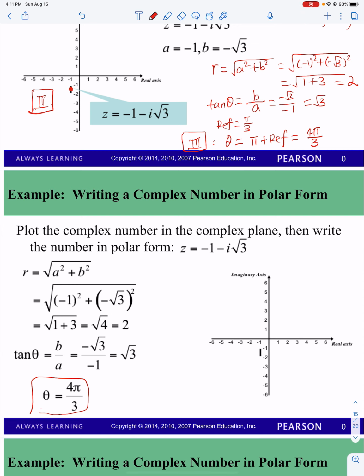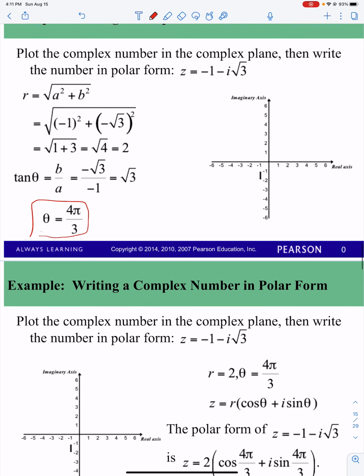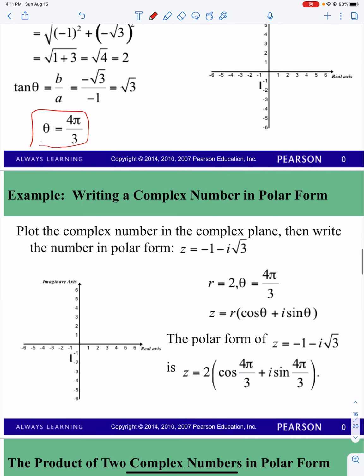It didn't emphasize here, but you guys need to be careful. After you find theta equal to 4 pi over 3, then it's very easy because you find r equal to 2, theta equal to this, so then plug it in, you can write it like this.